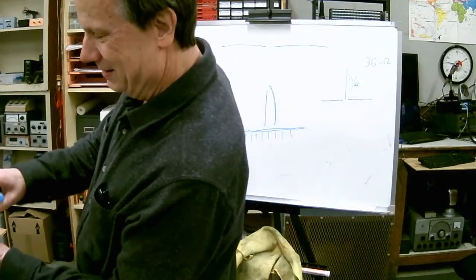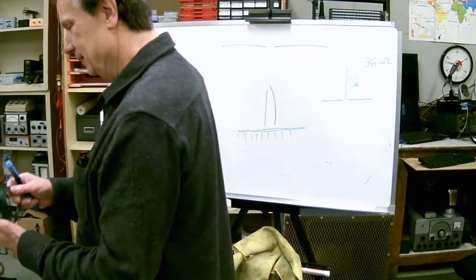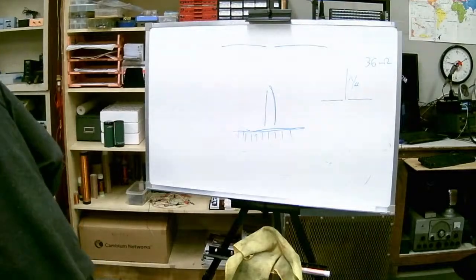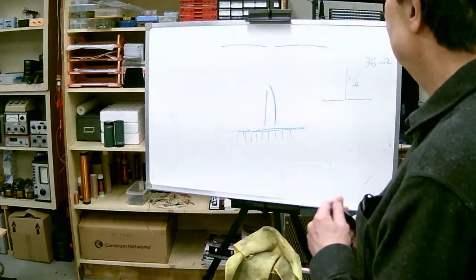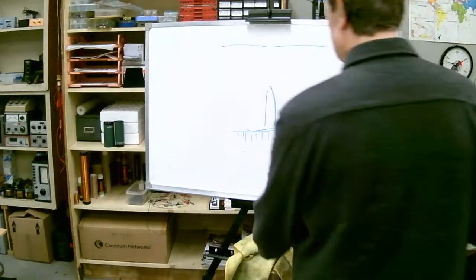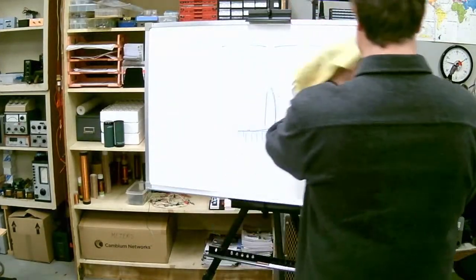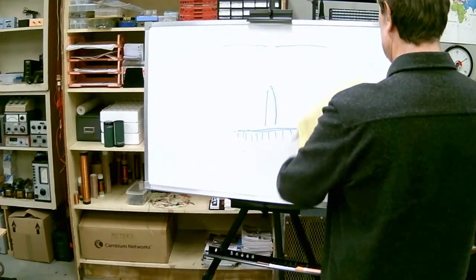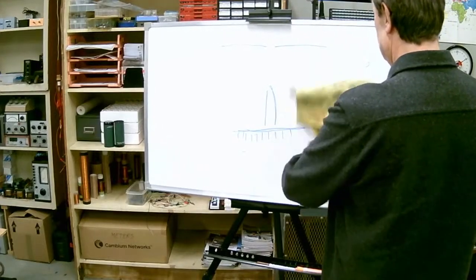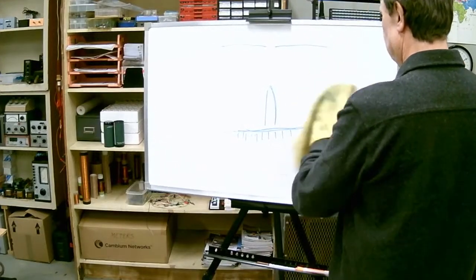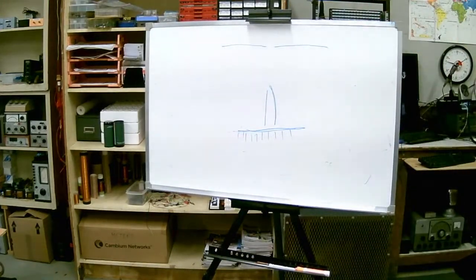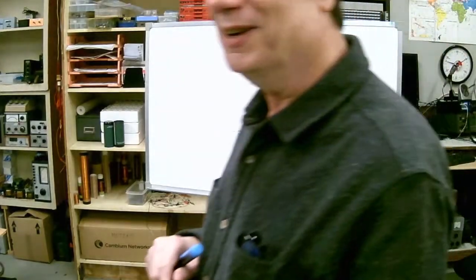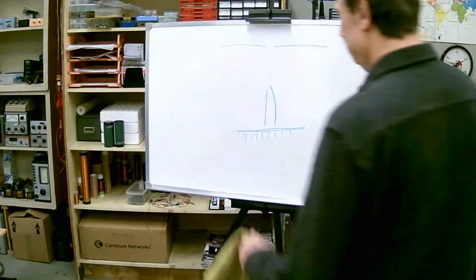Gotcha. And so with that copper mesh on the ground, I'm assuming that's reflecting? Yeah, it's actually the other half of the antenna. The other half of the antenna. Oh, I see.